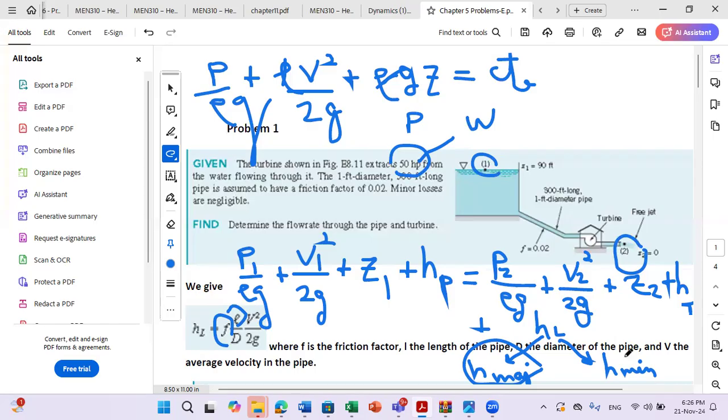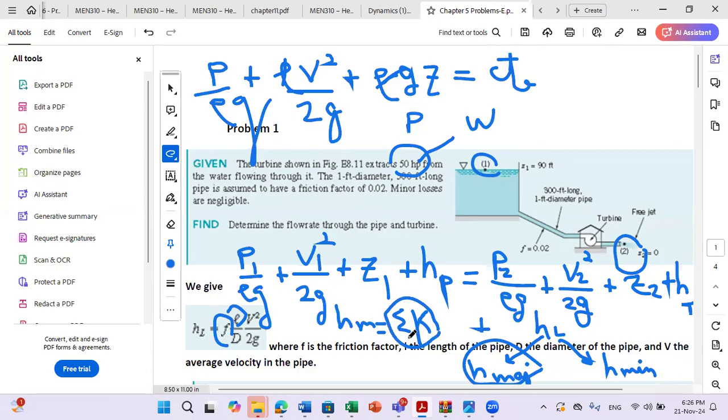While minor losses are expressed in the following formula. It's equal to the sum of K, which are loss coefficients. So each type of fitting, valve, when you have a bend or entrance or exit, all of these will lead to losses. And we talk about minor losses in this case due to fittings and different types of valves or bends, etc. that can lead to losses.